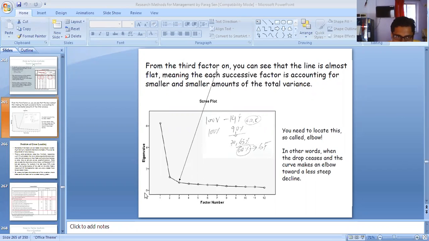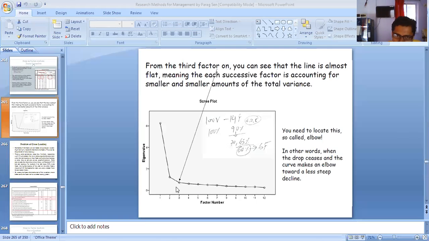For each factor you are plotting the eigenvalues. You can see here that for 1, 2, 3 the eigenvalues are greater than 1 or very close to 1, but after that the values are very small.